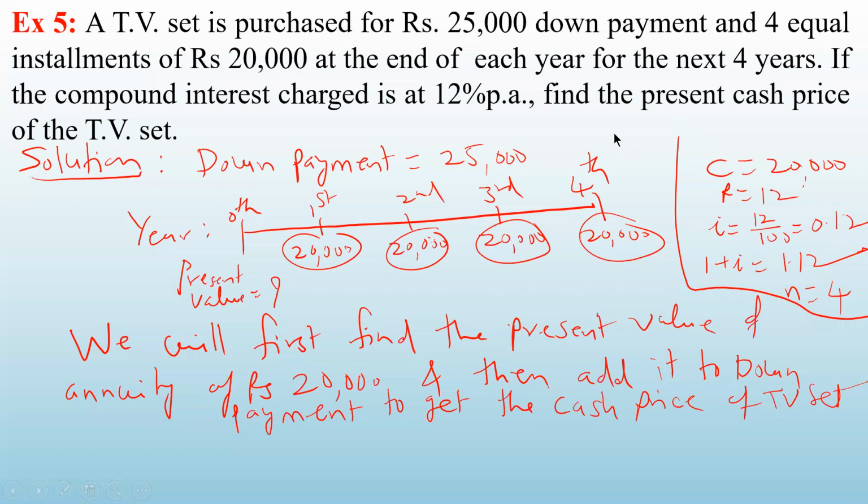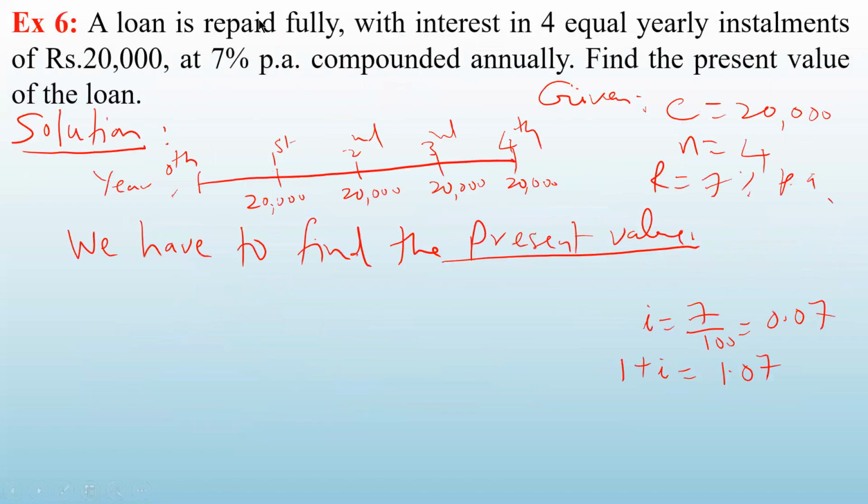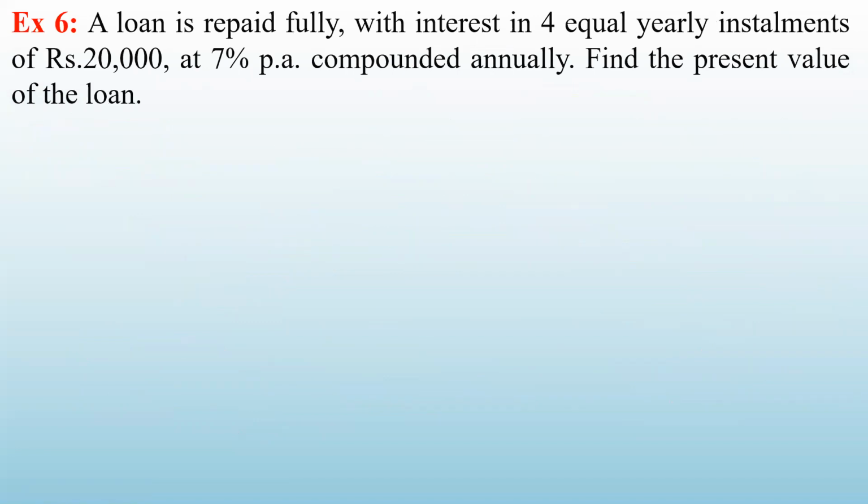In the sixth problem, the installment, the value of C, was given, and we calculated the amount of loan. Always remember, loan is always the present value, because we take the loan today. Today means present. Okay. Thank you.